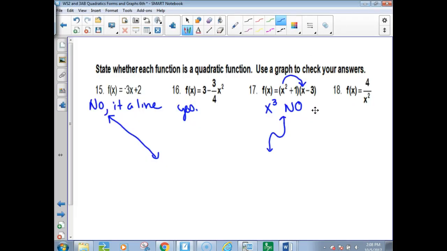Okay, and then this one. Now, think about this. I see an x squared in it, so you're tempted to say yes. But what if I had to rewrite this so x wasn't in the bottom? Okay, that's not a power of 1/2, though. That would be a square root.